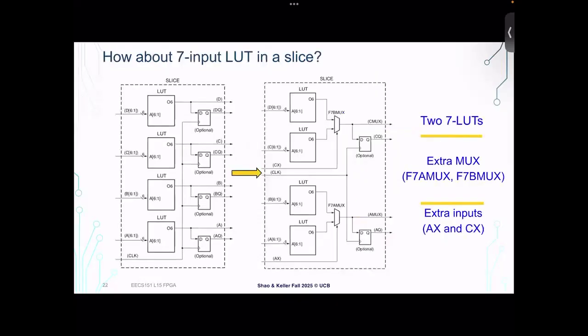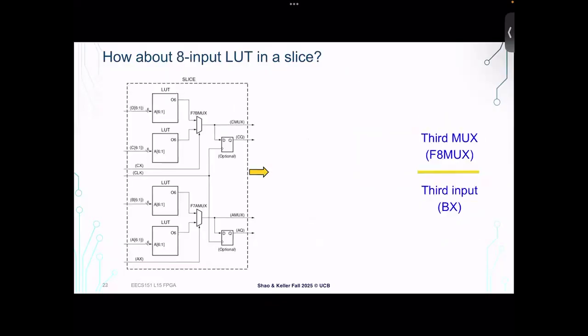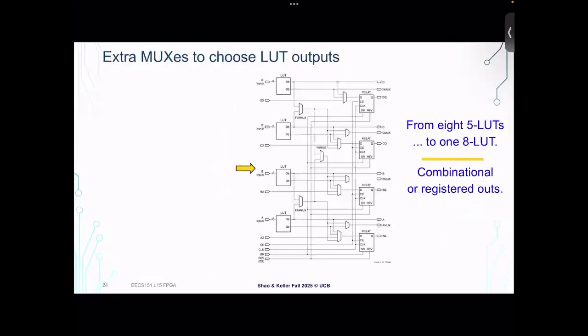So, well, what if we want to do 7 inputs? Let's give that option. We'll add some more muxes. We'll add some more inputs, and now we can handle a 7-input combinational function mapped into this slice. What about 8 inputs? We can do the same thing. We're just going to add some more muxes and mux between those 2 LUT7s and give the option of being able to select between all these different modes, right?